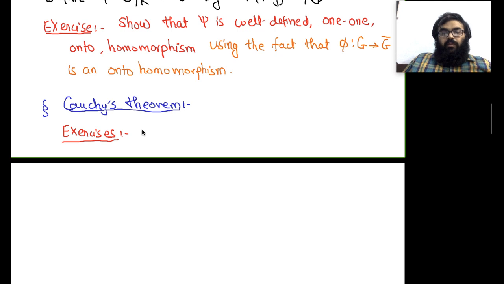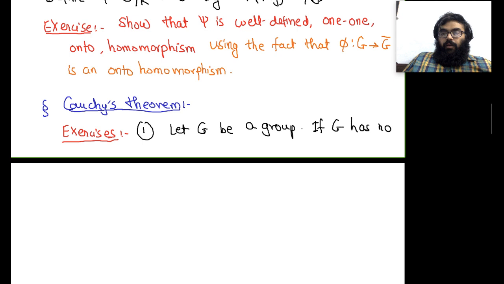So the first one: let G be a group. If G has no proper subgroup, then G is a cyclic group of prime order.